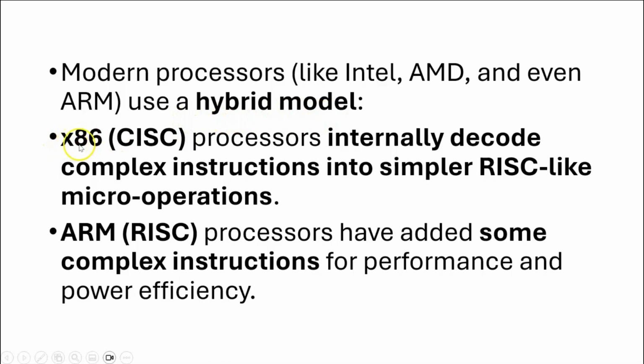For example, x86 CISC processors internally decode complex instructions into simpler RISC-like micro-operations. Likewise, ARM, which is a RISC-based processor, has added some complex instructions for performance and power efficiency.